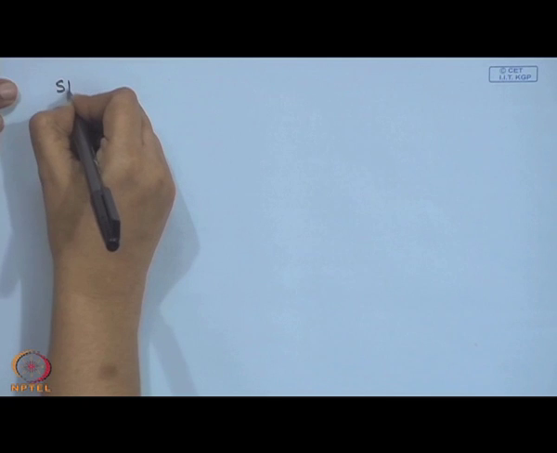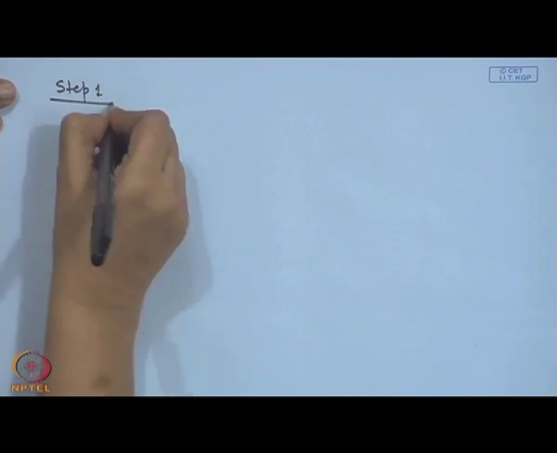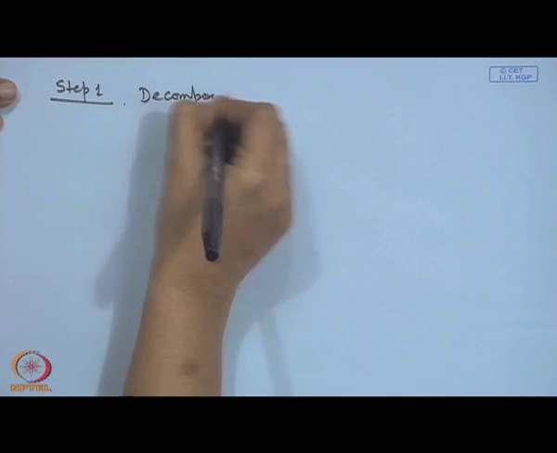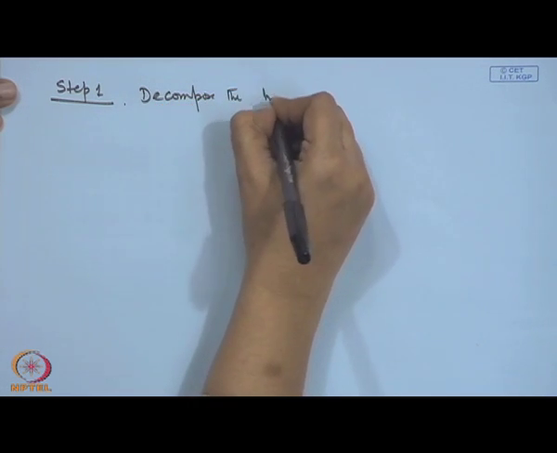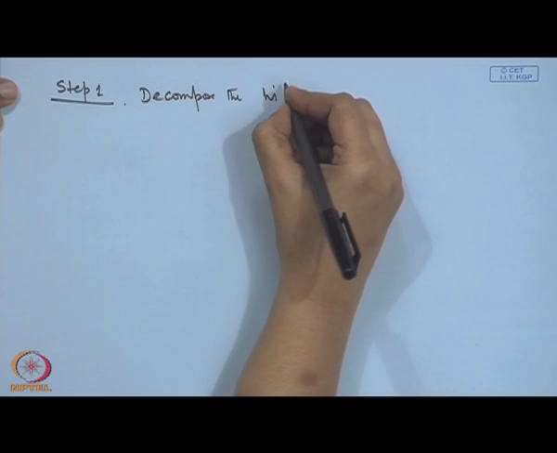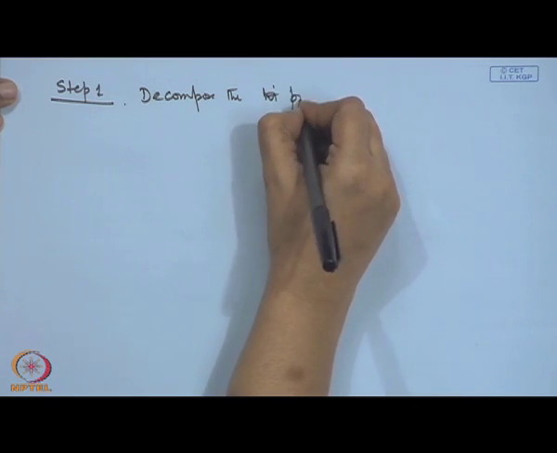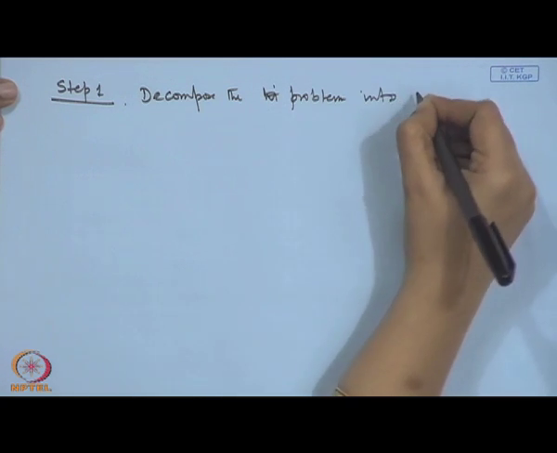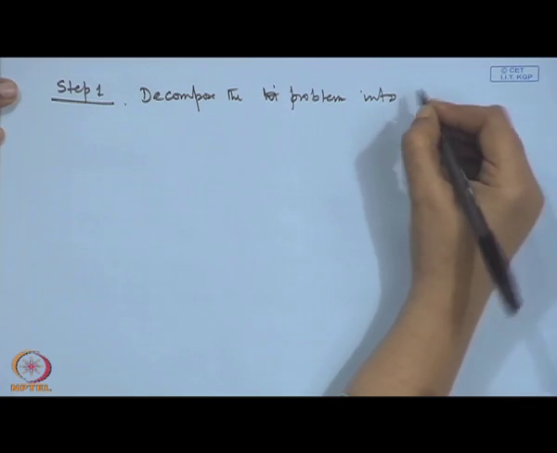Now, the AHP process, let me summarize first, then we will apply the process in the given problem. Now, first step of AHP process is that decompose the problem into hierarchy of criteria or sub-criteria.